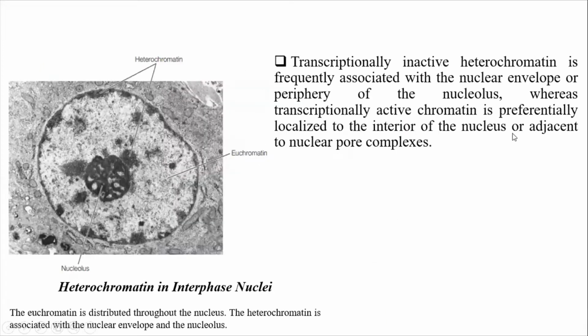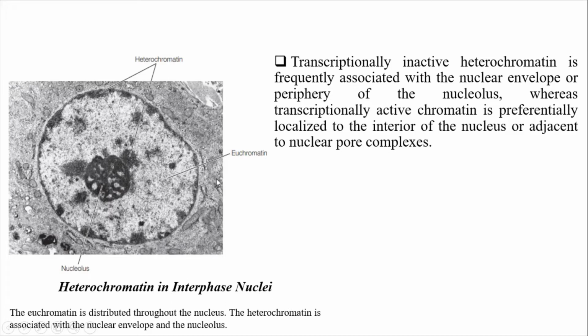Very good. So transcriptionally inactive heterochromatin is frequently associated with the nuclear envelope or the periphery of the nucleolus. Okay. Whereas transcriptionally active chromatin is localized to the interior of the nucleus or adjacent to the NPC. Okay, NPC के पास है, ठीक है? Now, heterochromatin in interphase nuclei.